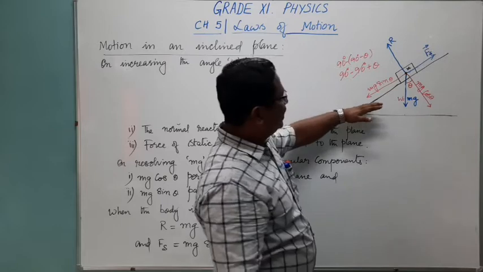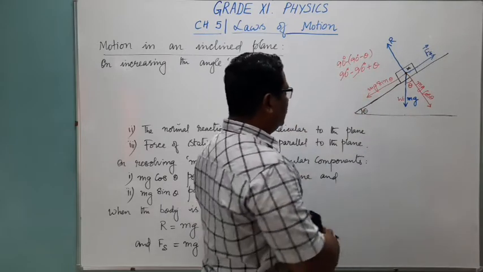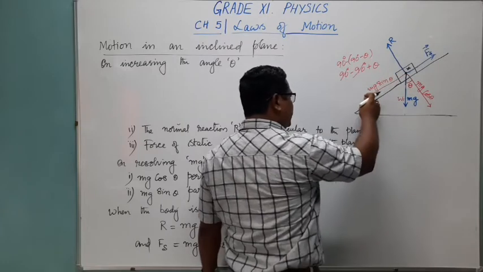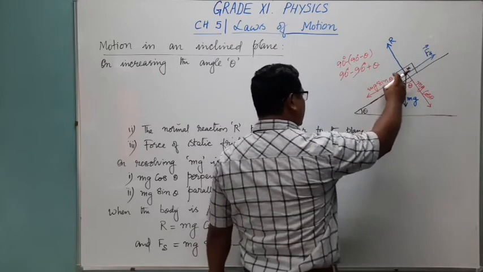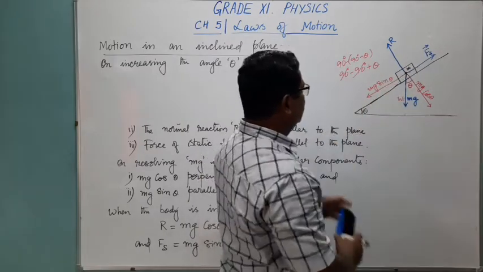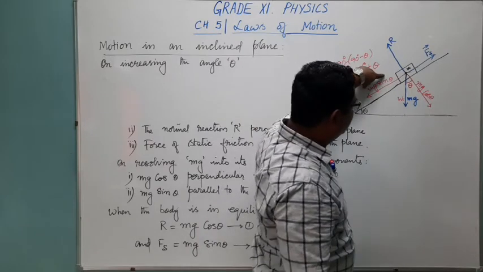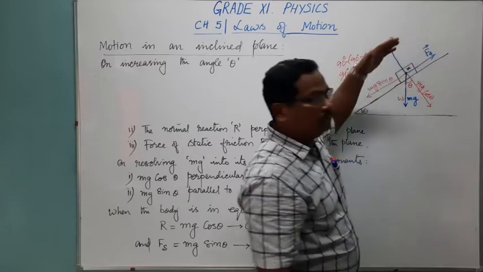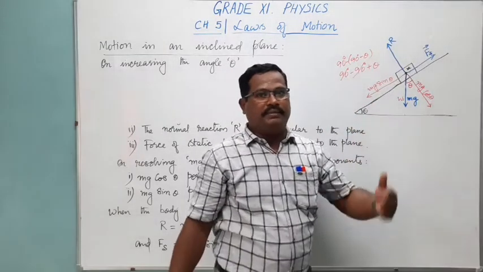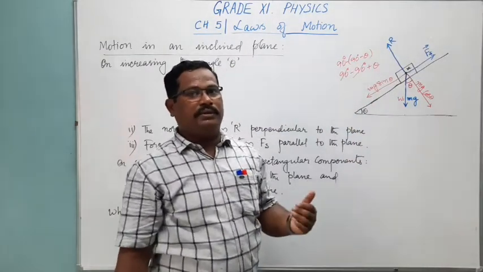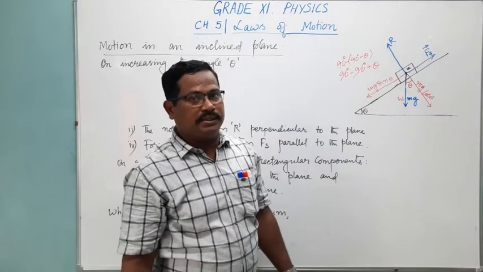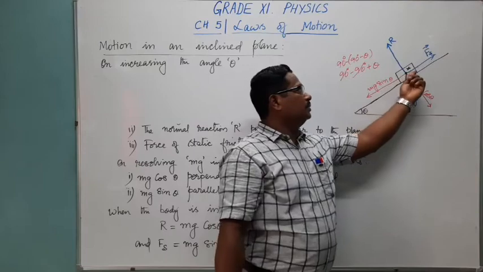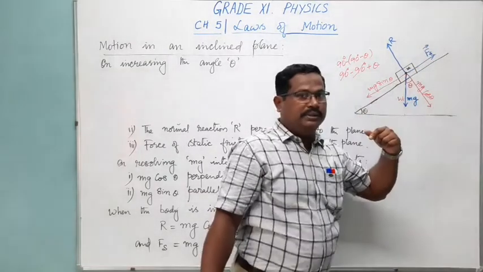On increasing this angle of inclination theta, the component mg sin theta will start increasing because the body will be about to slide. Then when this mg sin theta increases, this Fs, the force of static friction, also will go on increasing because it is a self-adjusting force. Static friction is also known as a self-adjusting force. The more you increase, this force also will go on increasing.